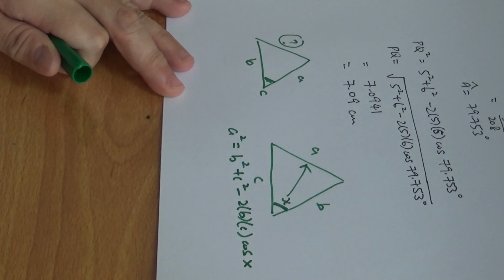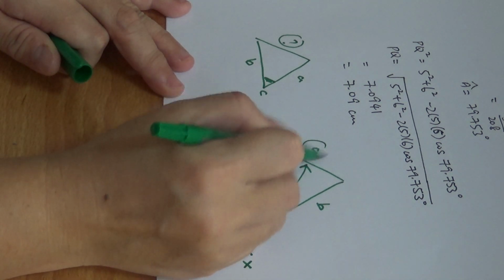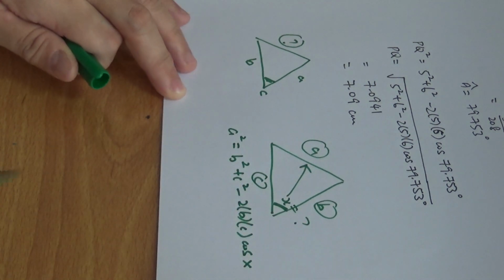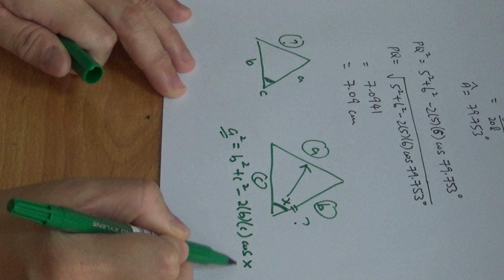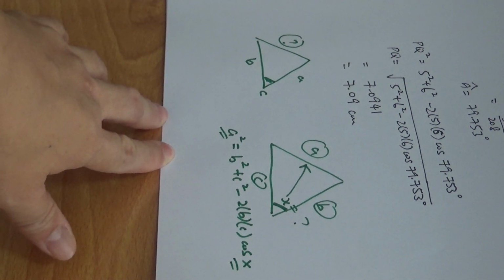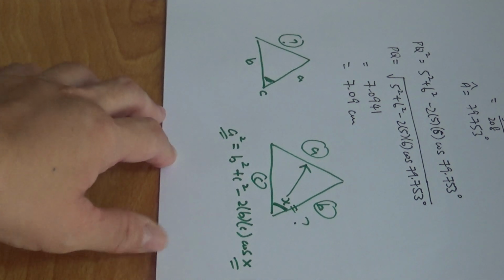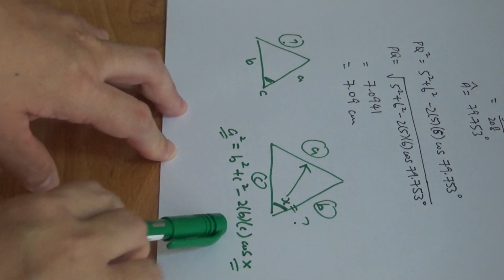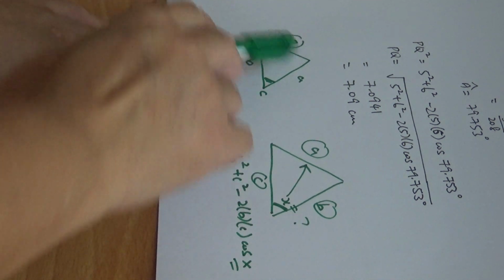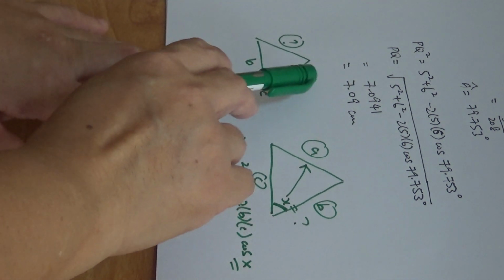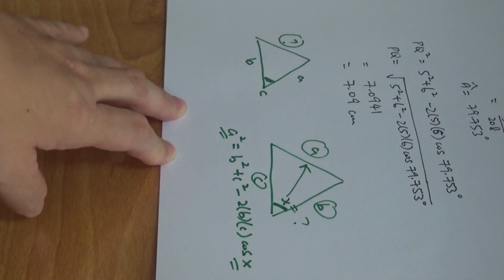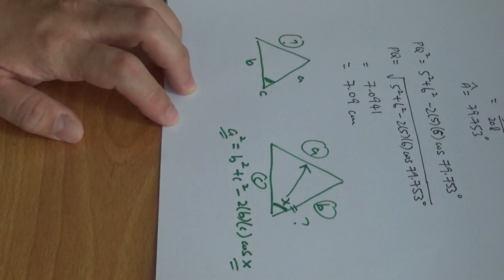Then I will be able to plug in the values because I already know a, b and c, and I'm finding x. You just have to ensure that this side and this angle are opposite to each other. So for cosine rule, you either find an unknown angle given three sides, or you find an unknown side given two sides and one included angle.